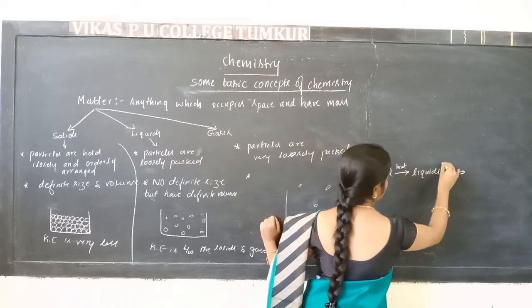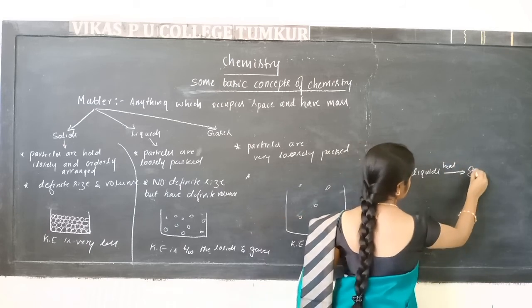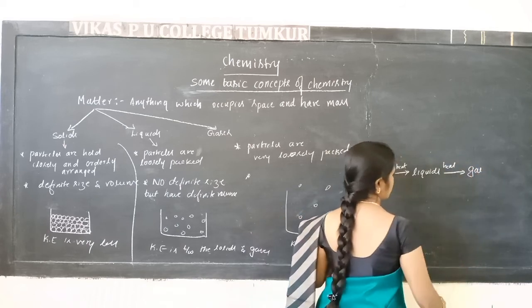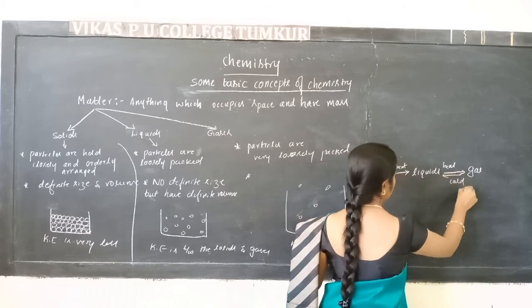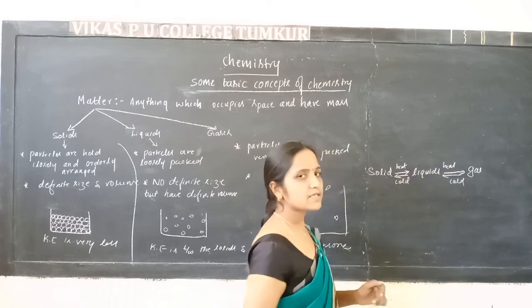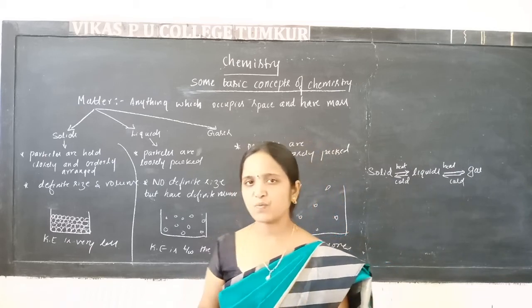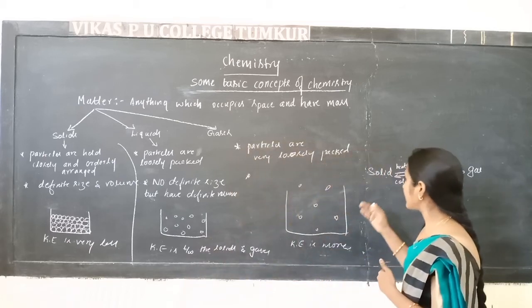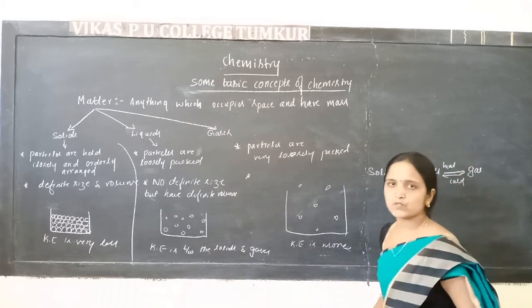Then on heating again, they become gases. On cooling, gases become liquids. Again, liquids on cooling become solids. That is, the interchanging of matter from one state to another state is possible.